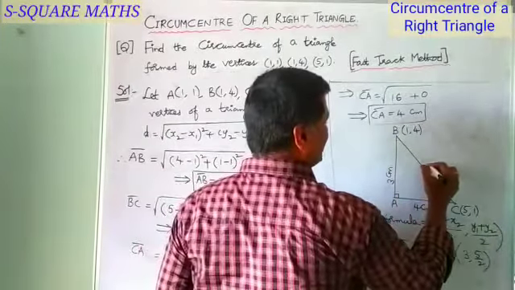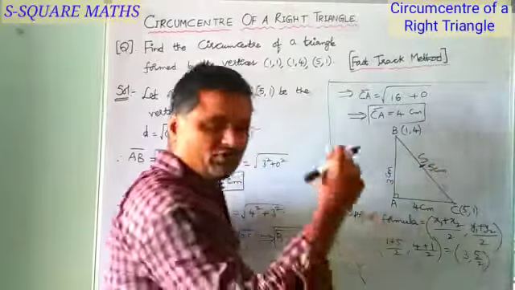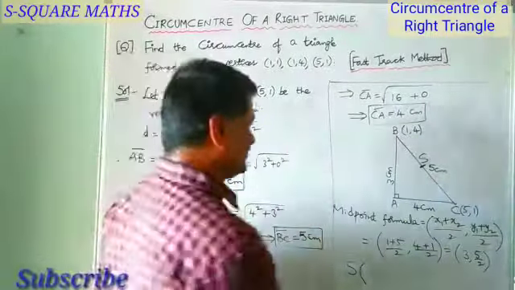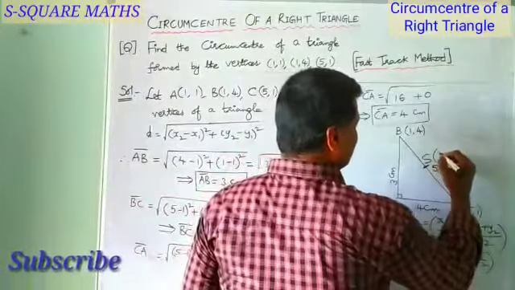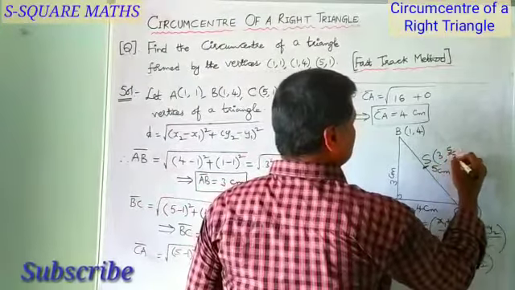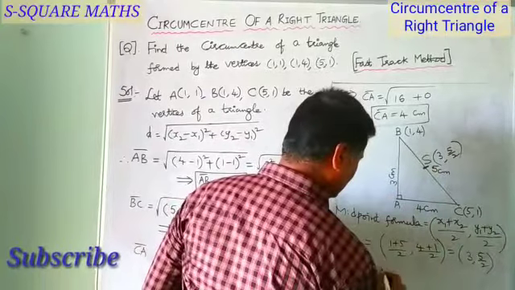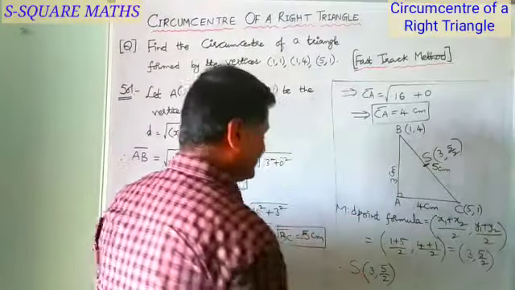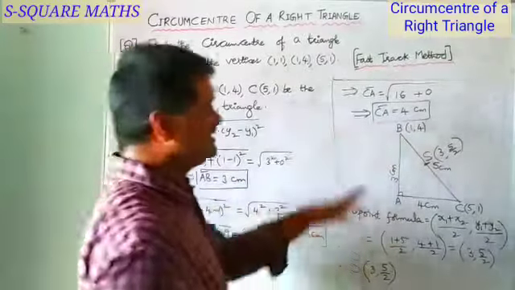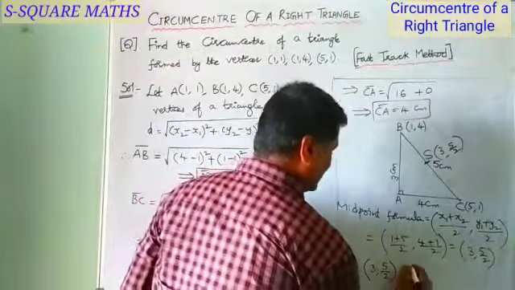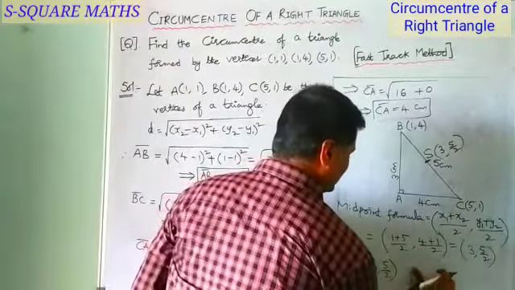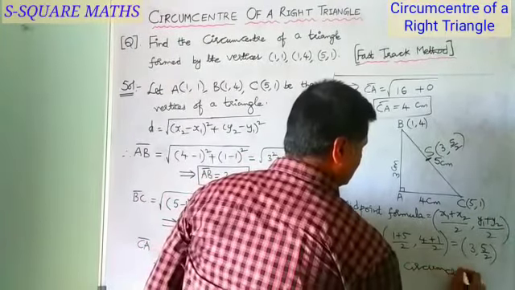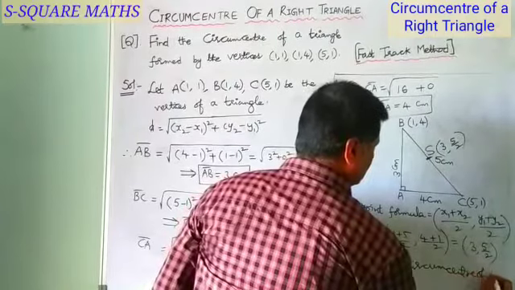Circumcenter lies always at the midpoint of the hypotenuse for a given right angle triangle. So S (3, 5 by 2) is the circumcenter of triangle ABC.